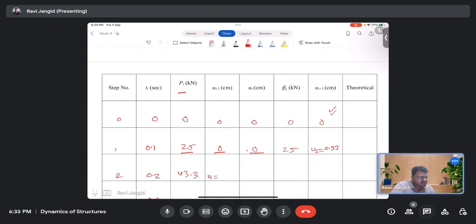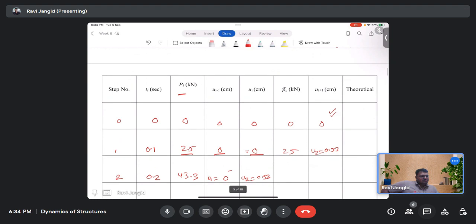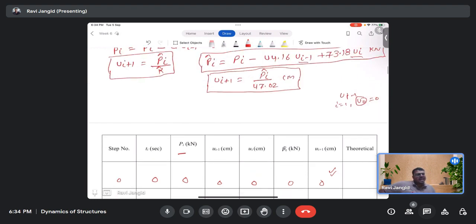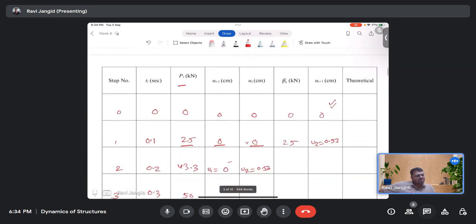This one, 0. Then ui means u2, which is 0.53. I have calculated 0.53. Now using this 43.30 and 0.53, can you calculate the p cap? Anyone with the answer? Use this equation: pi minus 44.16 ui minus 1 plus 73.18 ui. So can you give me the p cap?